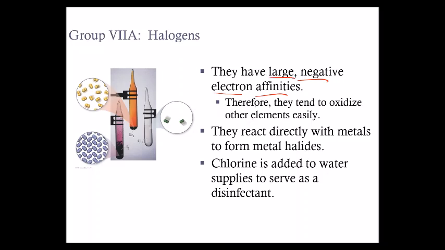So they release a lot of energy in that process for that stability. They react directly with metals and form metal halides. Some fun tidbits: remember, they all start off as diatomics. This group's all diatomic. They're all twin molecules in their elemental states.